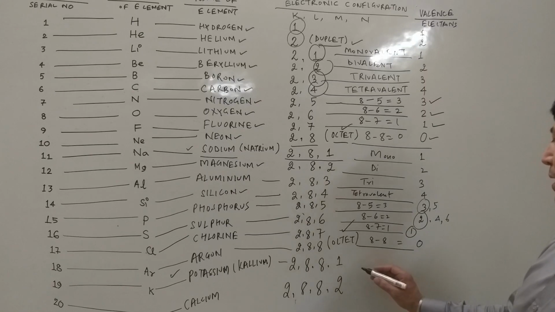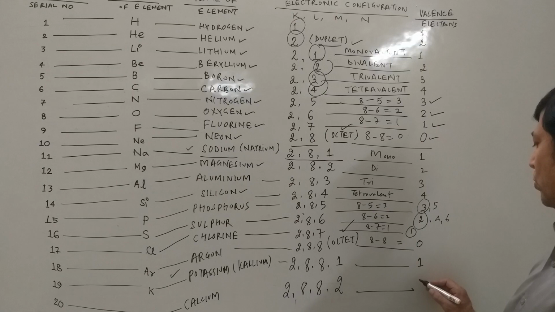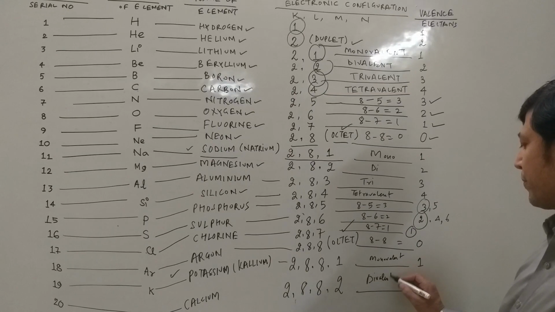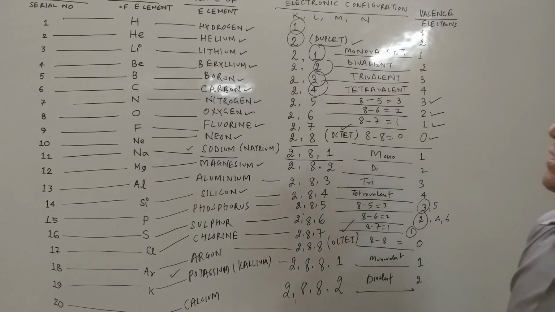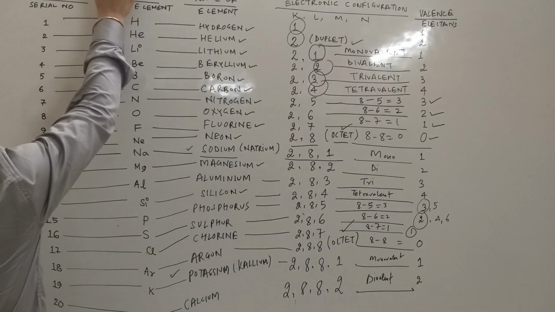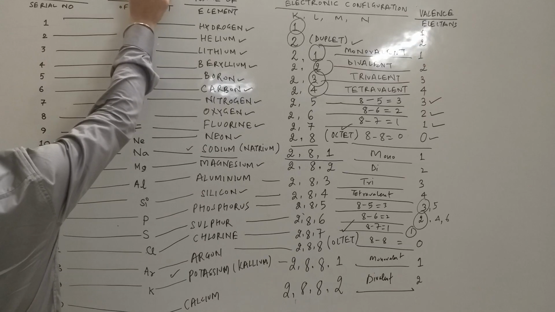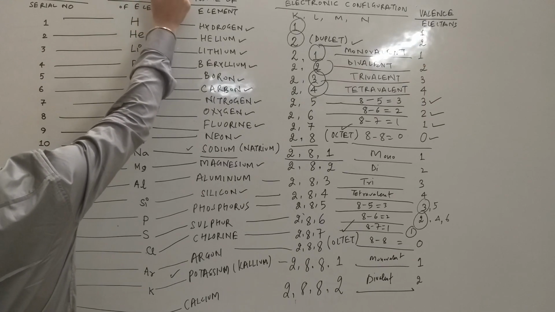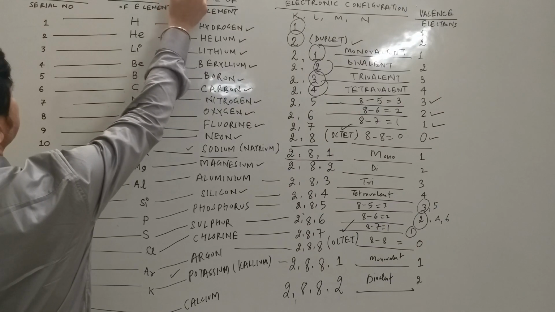Now potassium, again it is monovalent with valency 1, and calcium it is divalent with valency of 2, right? So this table is for the first 20 elements, right?